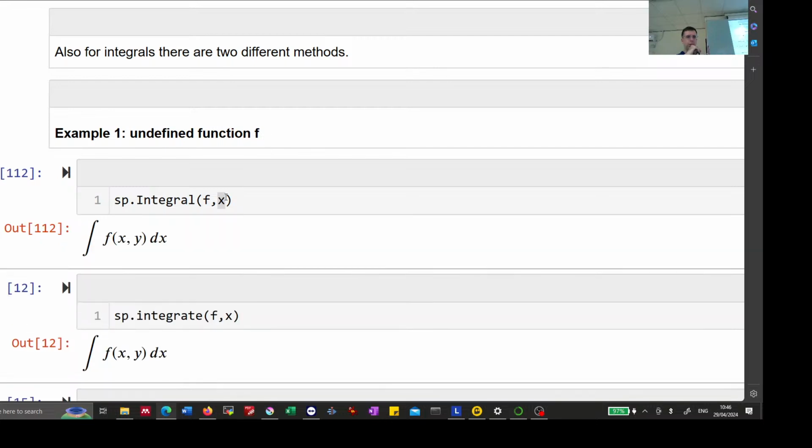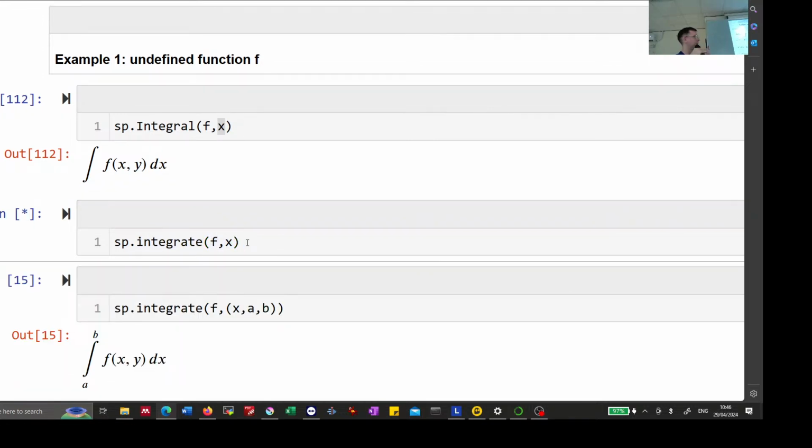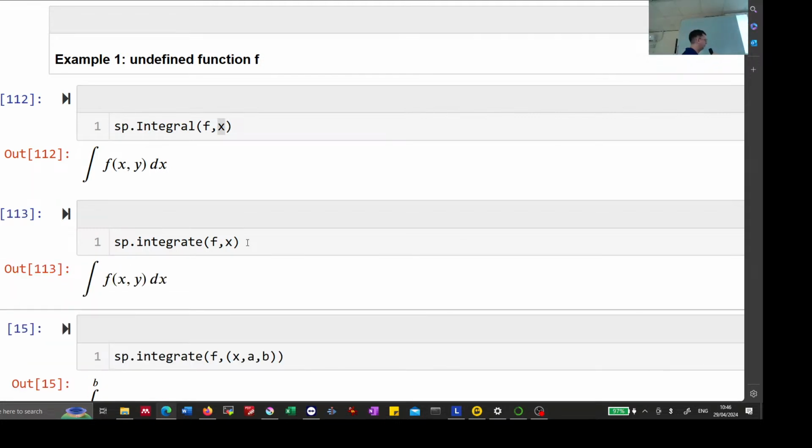So wait a little bit. Now, because we never specified what that function f of x and y is, when I ask Python to really do the integration with integrate, right, Python doesn't know what to do.